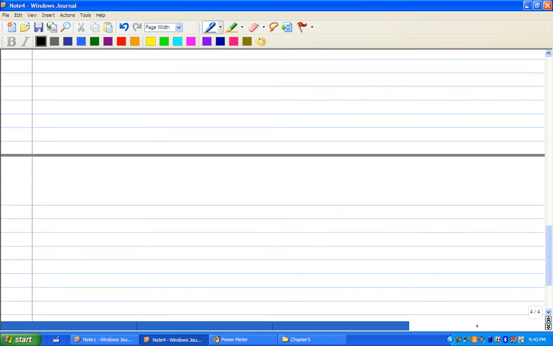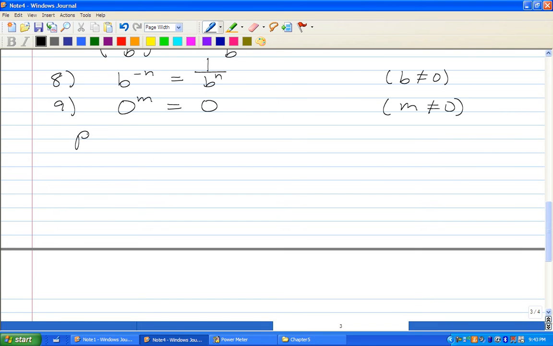Let's say on page 205, let me do problem number 2. 1 over 3 to the power negative 3. In exercises 1 through 16, evaluate the numerical expression.